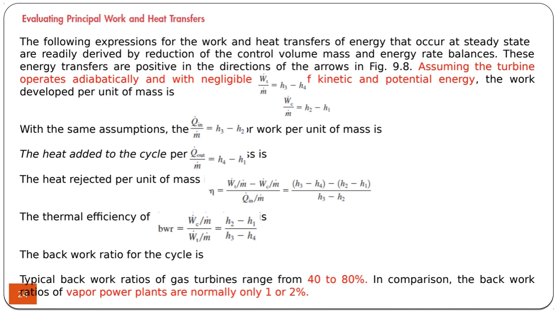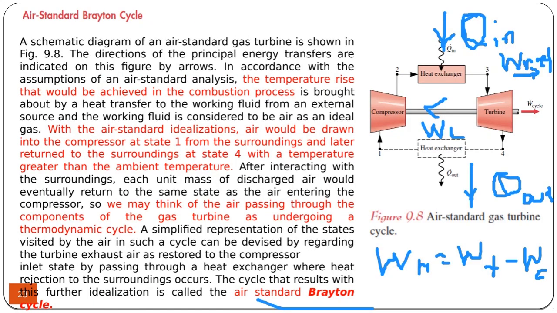The work necessary for the compressor is the difference of the enthalpies at the inlet of the compressor and the exit of the compressor. So we have 2 here at the exit of the compressor, 1 here. So H2 minus H1 is the compressor work per unit mass of the air.